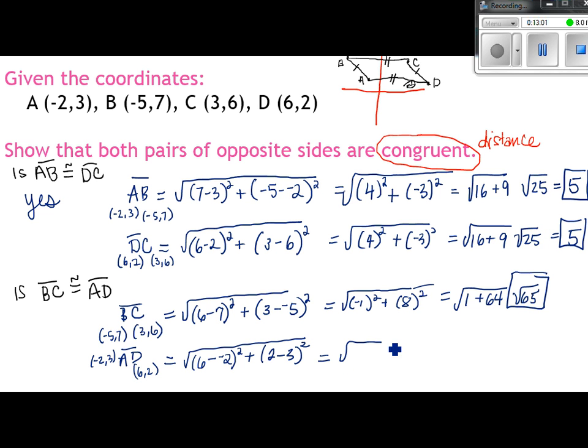That really doesn't matter. Okay, 6 minus -2, that means add, so we're going to have 8 squared, and 2 minus 3 is -1 squared. And that would be 64 plus 1, and that is still the square root of 65. So yes, these are congruent.